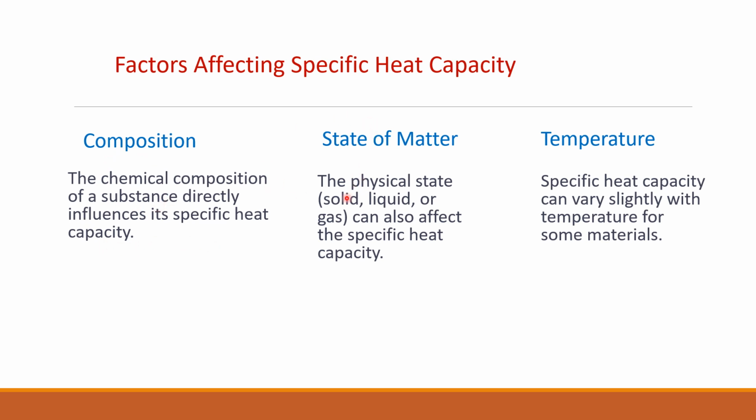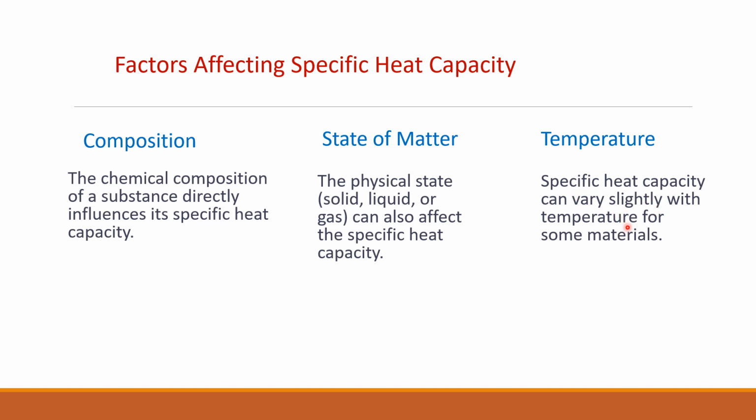The next, state of matter. The physical state, that is solid, liquid, gas. A solid material possesses one specific heat value, liquid some other, and gas also; the specific heat value differs. It depends on the physical state of the matter. Another one is temperature.